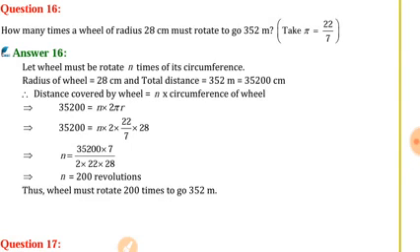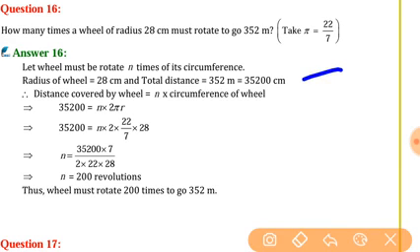So radius is 28 centimeter. Total distance is 352, the distance covered is the number of repetitions times the circumference. Okay, in centimeter they are given.